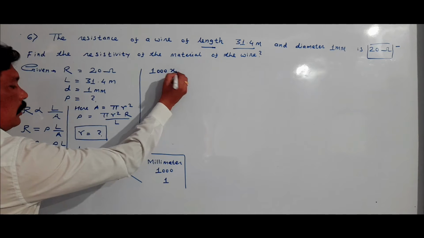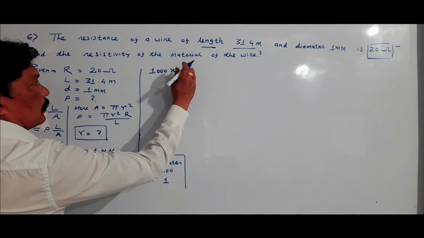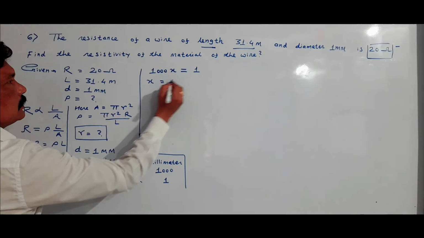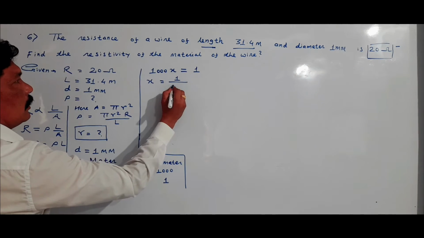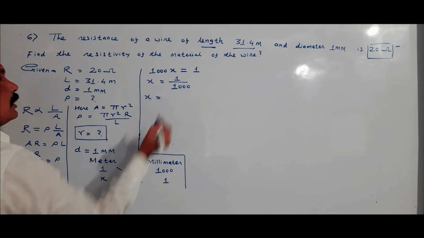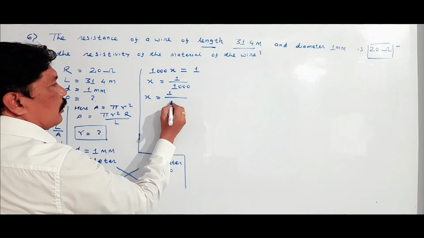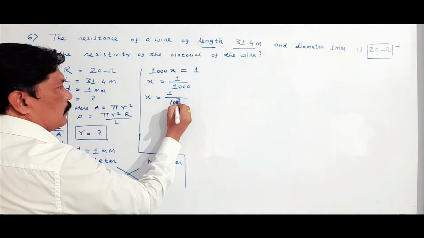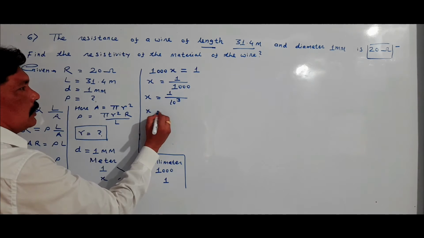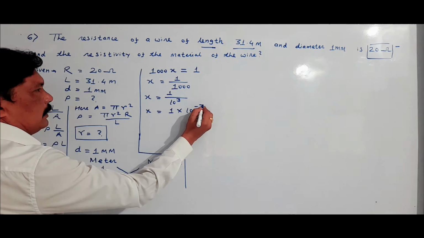Thousand x is equal to 1. x is equal to 1 divided by 1000. x is equal to 1 upon 10 to the power 3. x is equal to 1 into 10 to the power minus 3.